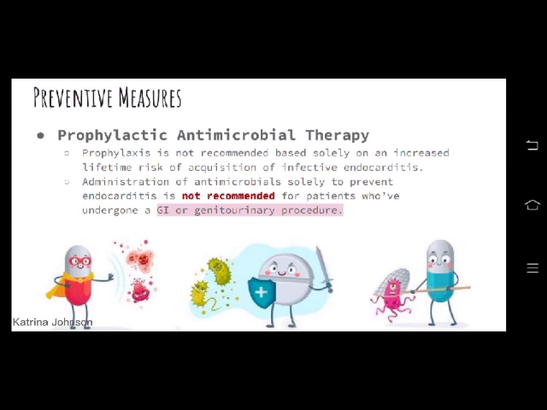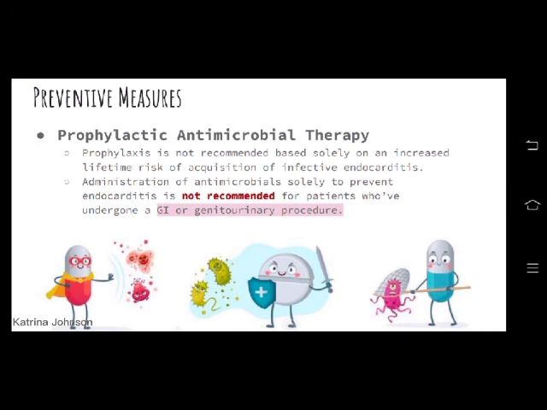Now, patients who are on chronic antibiotic therapy should also receive infective endocarditis prophylaxis with an antibiotic from a different class than their pre-existing agent that they're already taking. This is just to avoid encountering antimicrobial resistance.